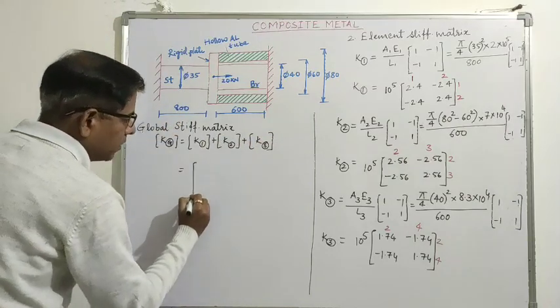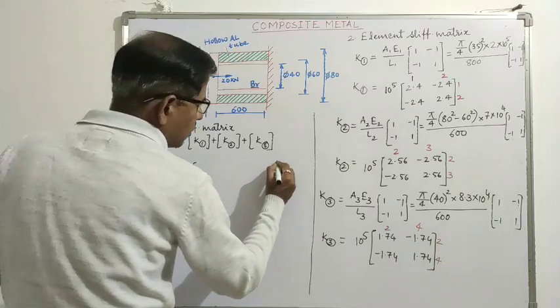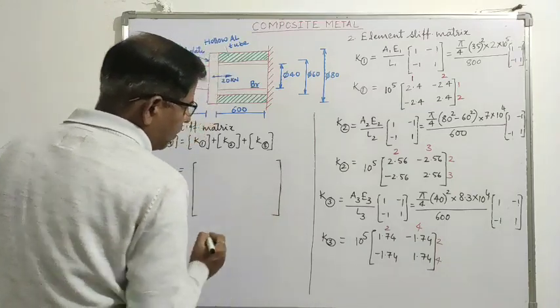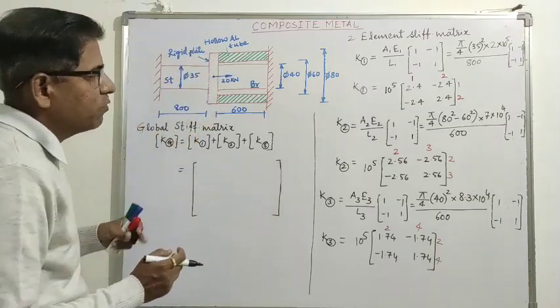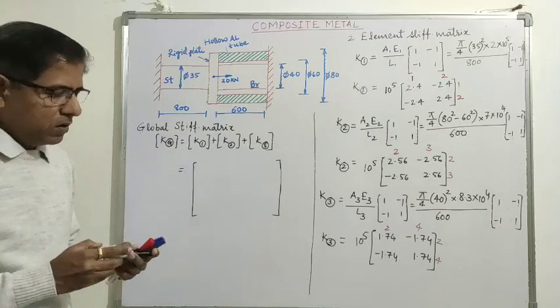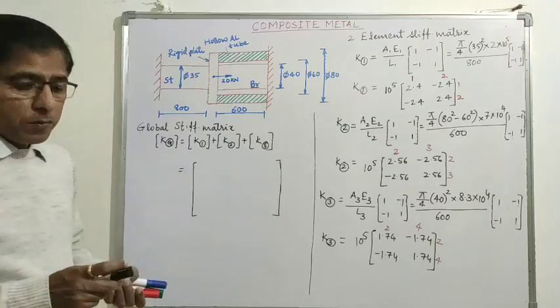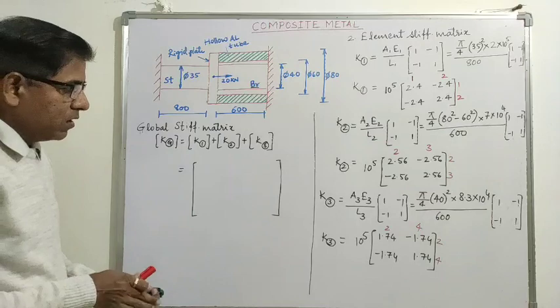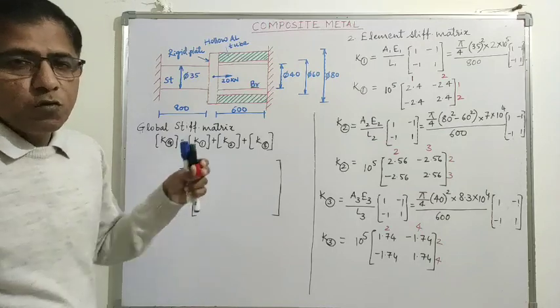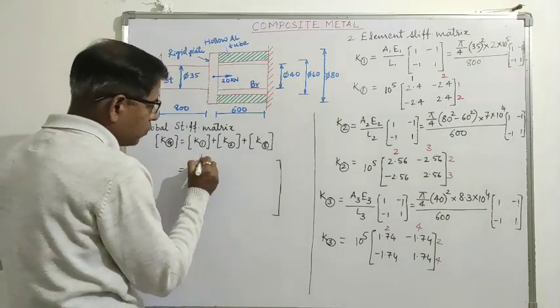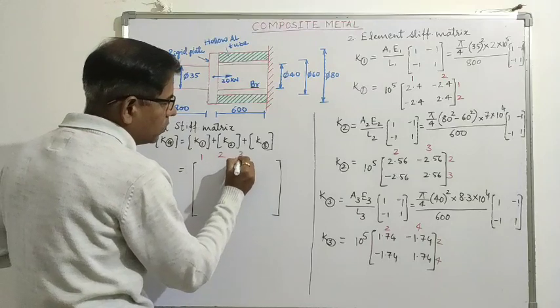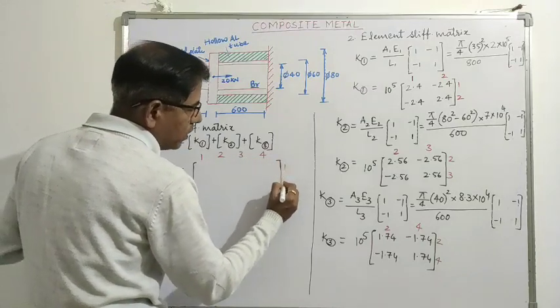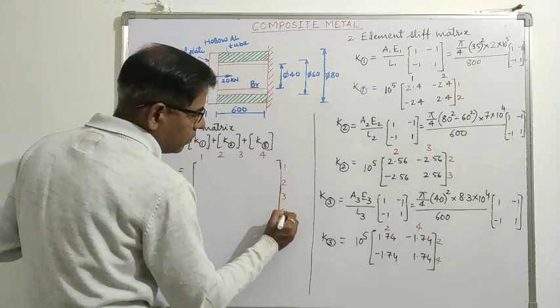Now we know that the global stiffness matrix will be of size 4 by 4, because the total number of nodes in this arrangement is 4. So it will be 4 by 4, with rows 1, 2, 3, 4 and columns 1, 2, 3, 4.